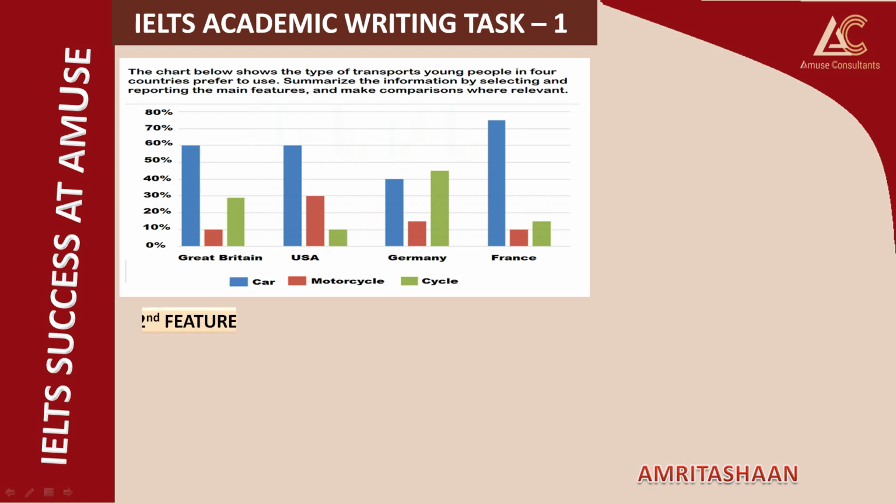Now time for the second feature. Yes, we are talking about the use of car, so we can continue with the same. Now you can focus on the use of car in Great Britain and USA. So you can write that one prominent similarity can be seen in Great Britain and USA, where 60% of youngsters love to use cycle as their mode of commuting.